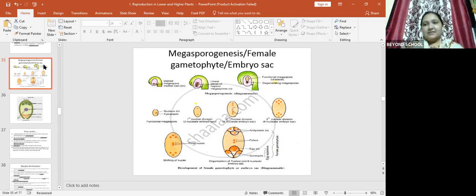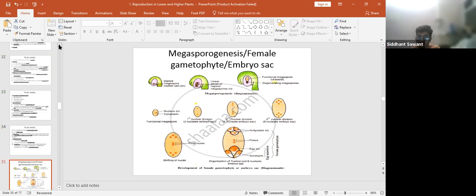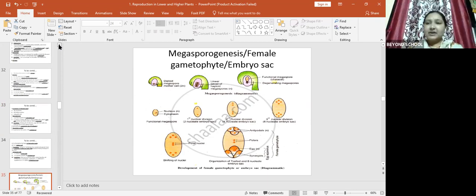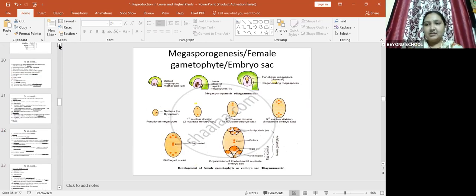Only 2 questions I'll give you in homework. Describe the male gametophyte with proper diagrammatic representation.